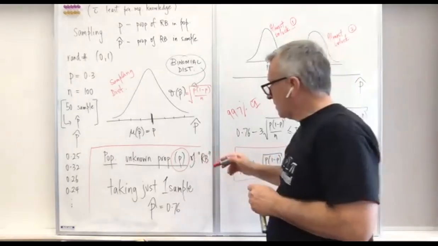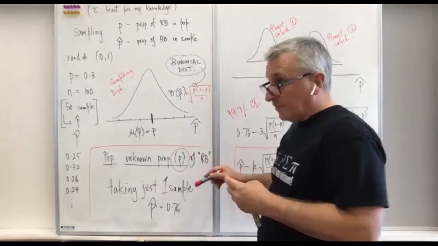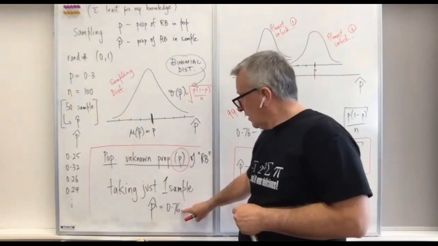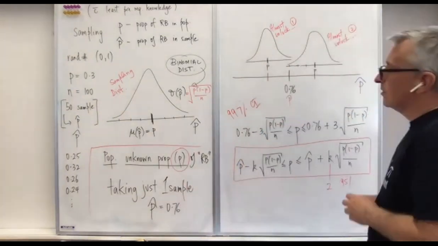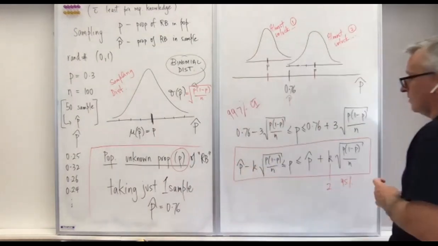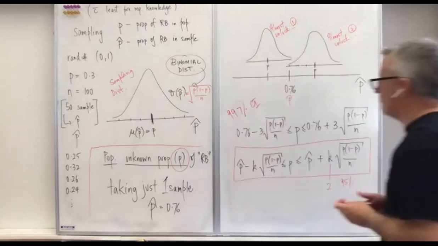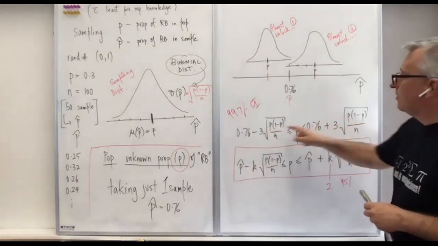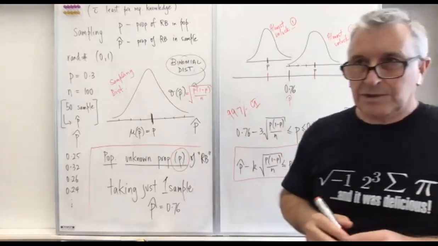I could in fact do this again and get a different value here. And I could do it again and get a different value. So I could create as many of these confidence intervals as I choose.